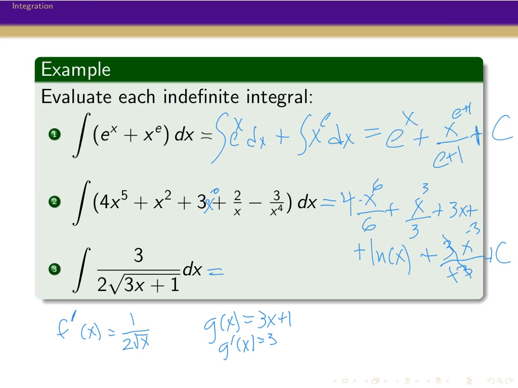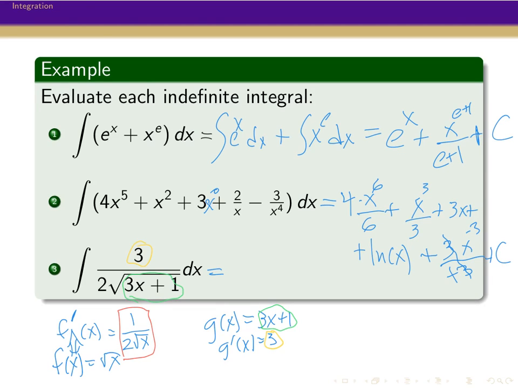And so when I look at this, I've got my 3x plus 1 right there. I've got a 3 there, corresponding to that 3 there. And then this is all being plugged into 1 over 2 square root of x. Well, which function has derivative 1 over 2 square root of x? Well, that would be square root of x.